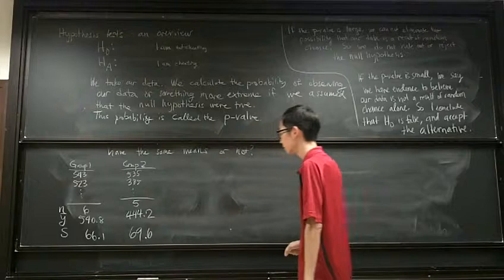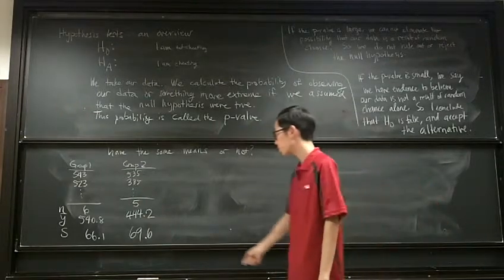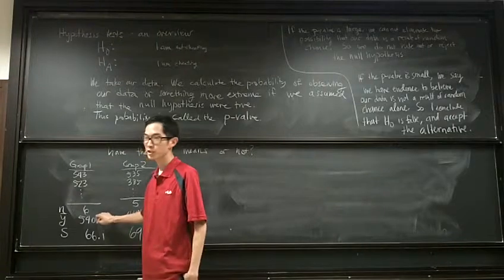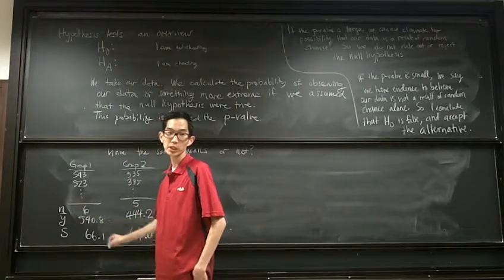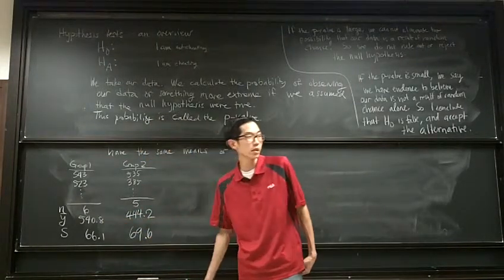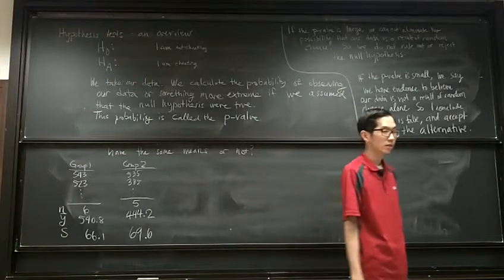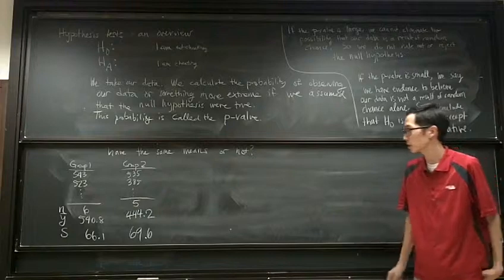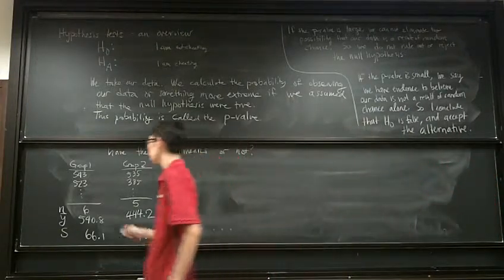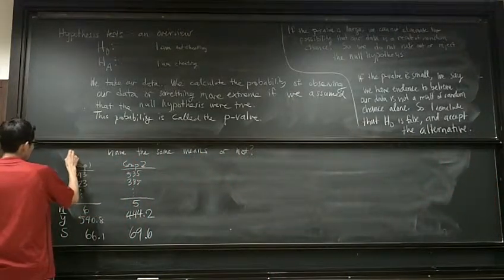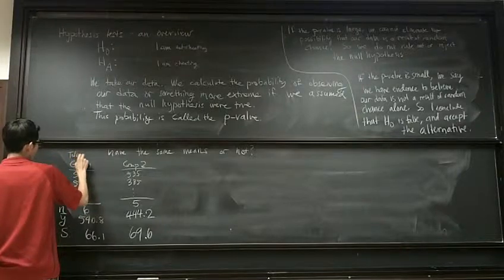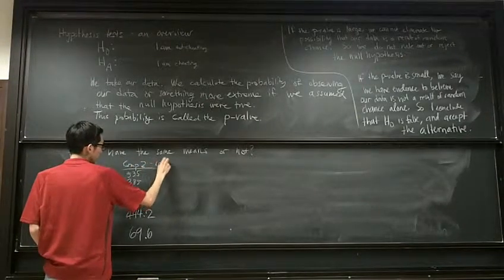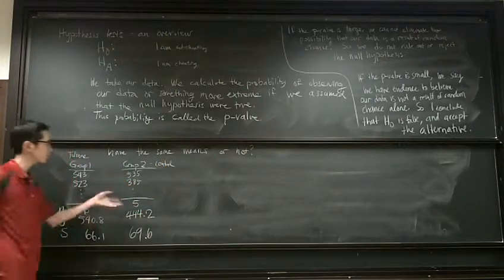So the question is, this group has a mean of 444.2, and this group has a mean of 540.8. Is this evidence that their respective populations differ? Group 1 are the rats exposed to the drug toluene, and these were the control rats, so no drug. So what are the respective populations?